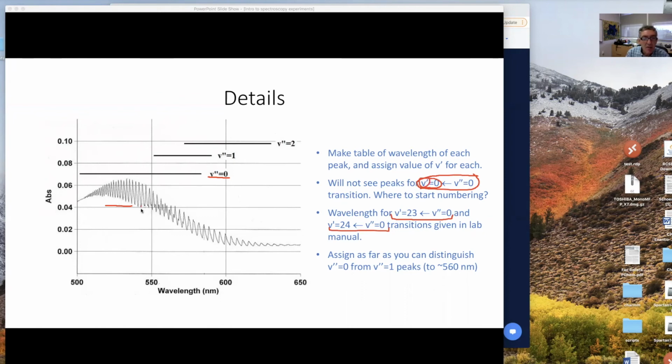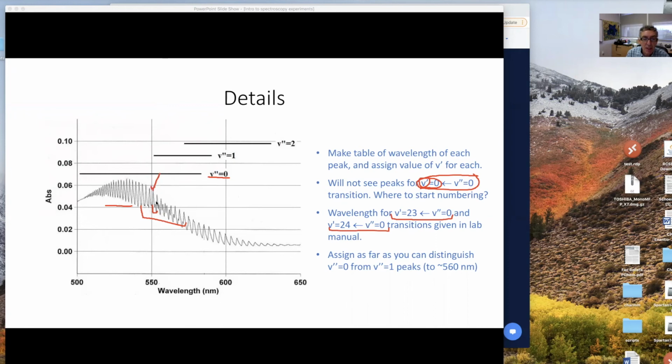Now, in this region right here, it gets to be a little tricky because these peaks are double peaks. What's going on? Let me pick this one, for example. It's a double peak. The larger peak is for some excitation out of V double prime equals 0.